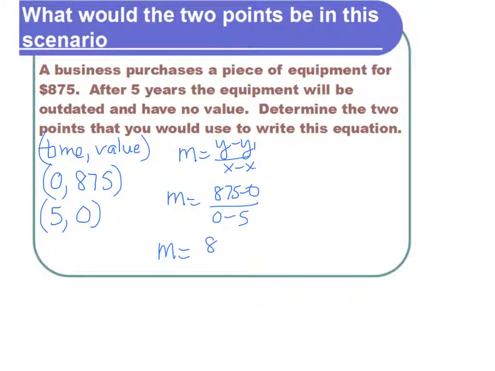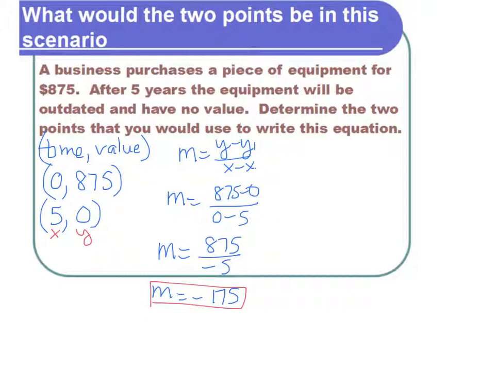So 875 over negative 5 gets me a negative 175 for slope. Okay, next thing I'm going to do is grab one of these points, either one. I'm going to pick the one with smaller numbers. So there's my x, there's my y, here's my m.